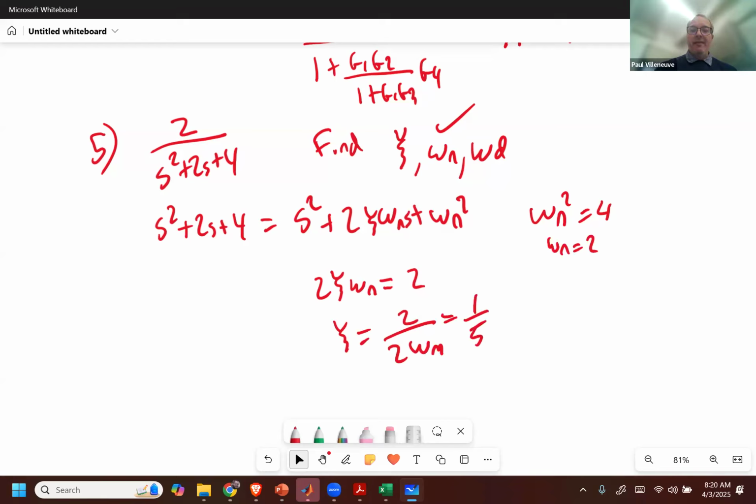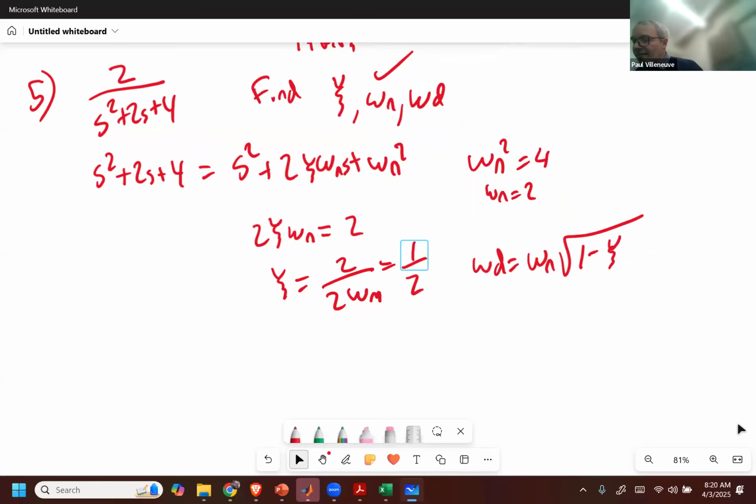I said 1/2, then I wrote 1/5. And then omega sub d is equal to omega sub n times the square root of 1 minus zeta squared, sorry.